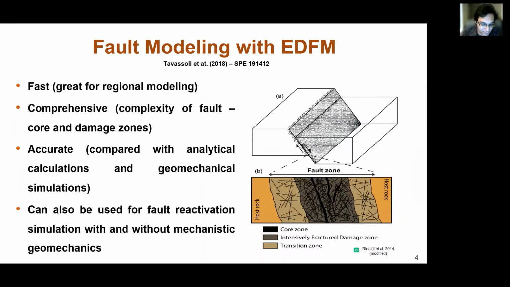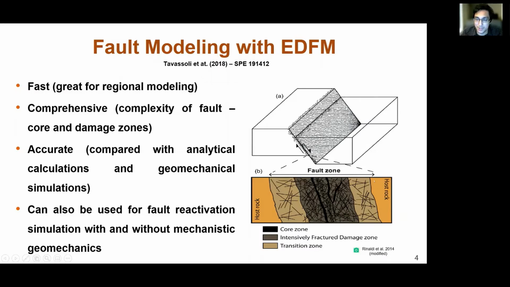So we have realized that we can use the embedded discrete fracture method for also modeling faults. This is a method originally developed for fractures. And the way it works is we create some extra grid blocks for each fracture segment that intersects one matrix block, right? So we realized that we can model our faults as modeling the fault zone.